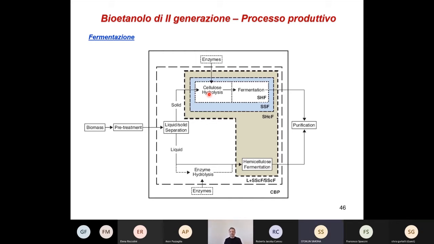Giacomo, I think, is back. And a very quick question, the last one: are there any differences in the chemical and physical properties of a biodiesel, for example, or a biofuel in general, depending on the feedstock we use? Of course. It depends on the feedstock you use and also on the process you follow.